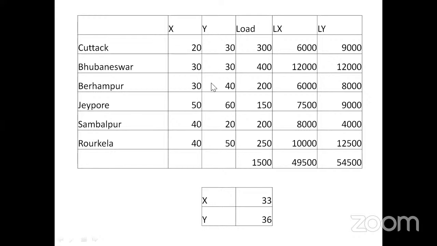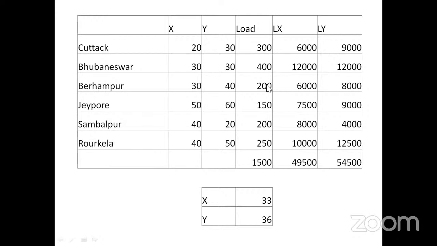Berhampur, x coordinate 30, y coordinate 40. Jaipur, x coordinate 50, y coordinate 60. Sambalpur, x coordinate is 40, y coordinate is 20, and Rourkela, x coordinate is 40, y coordinate is 50. These are the locations of these places in terms of coordinates.